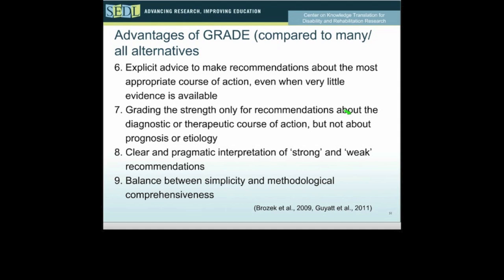Number 7 should be in the disadvantages, presumably. They, as of now, only talk about diagnostic and therapeutic courses of action. An advantage is that they give clear and pragmatic interpretations of what is strong and what is weak. And they try to strike a balance between simplicity and methodological comprehensiveness.